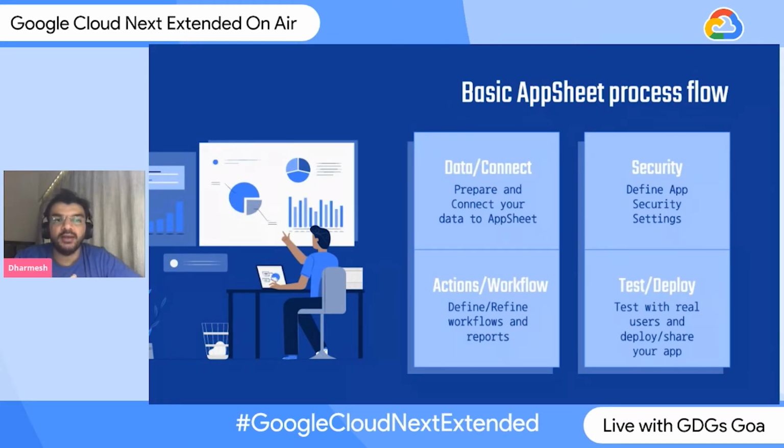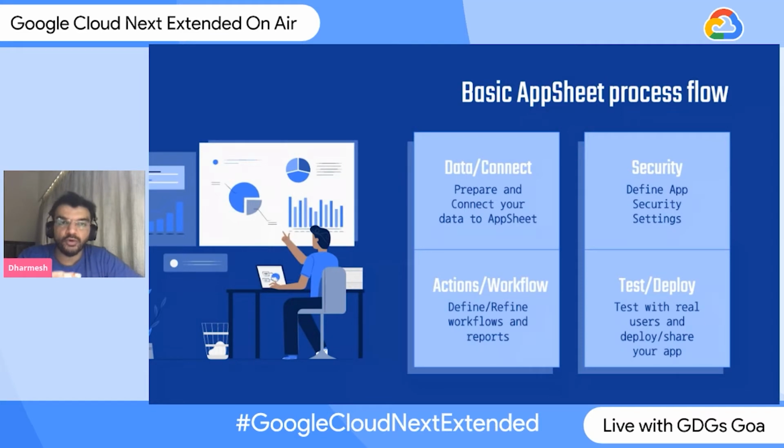Of course, you can gradually or incrementally build your data set or even modify your data set. So say, for example, you start very small with your employee records. Now you add departments, you add managers, and so on. That can be done even after you develop an app. Maybe your team is expanding, you have to add locations and so on. So that can be done even after you start developing your app.